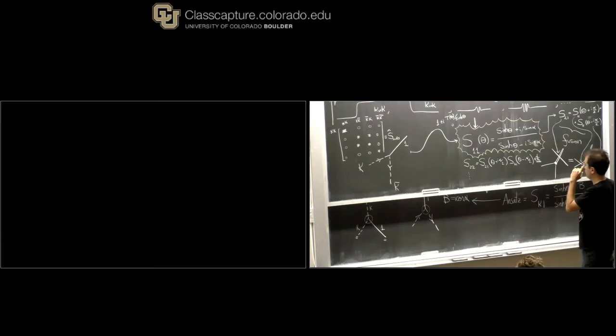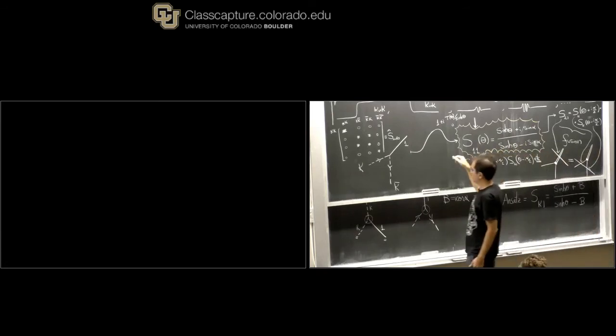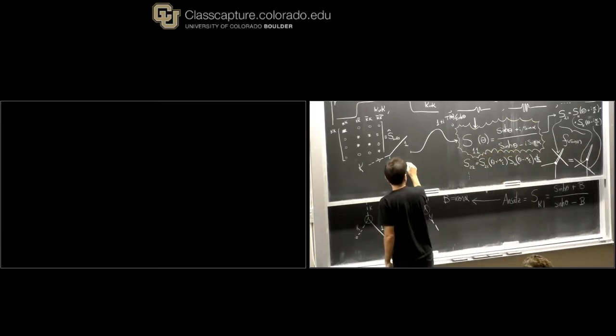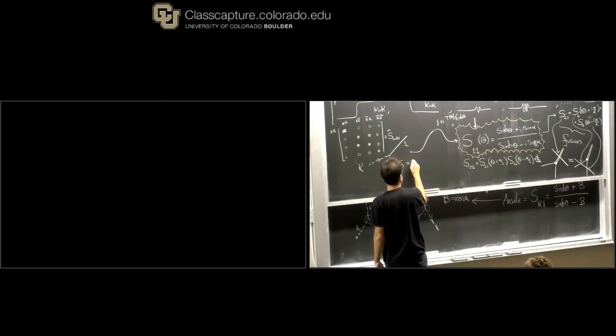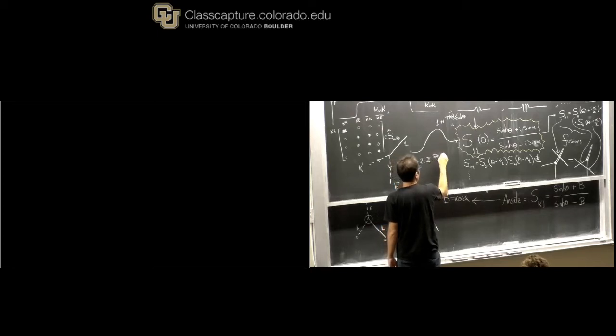And indeed, this S matrix S is, if I write minus, plus, and then I expand, something like 1 plus 2i sum of sine alpha over sinh theta to the n.